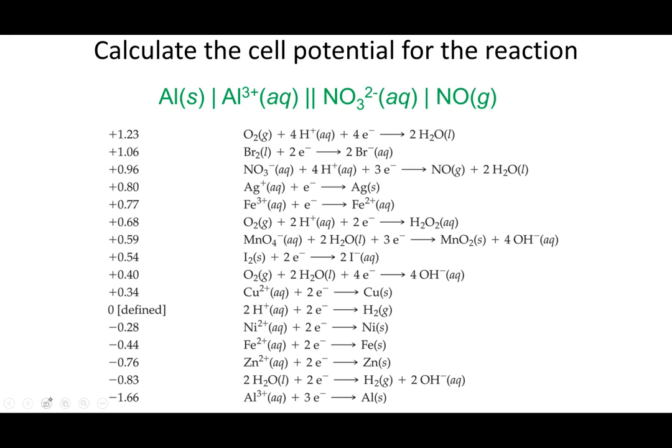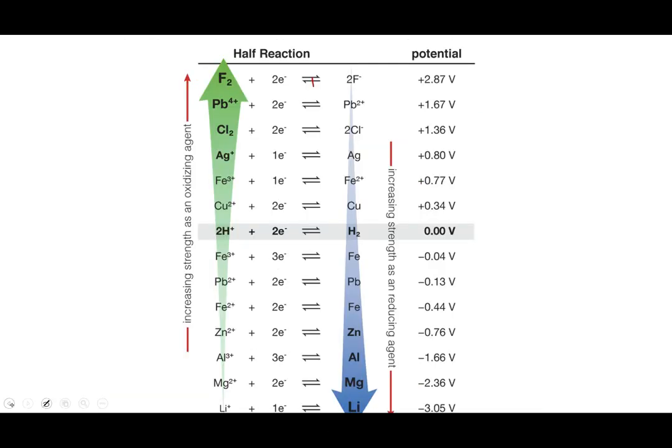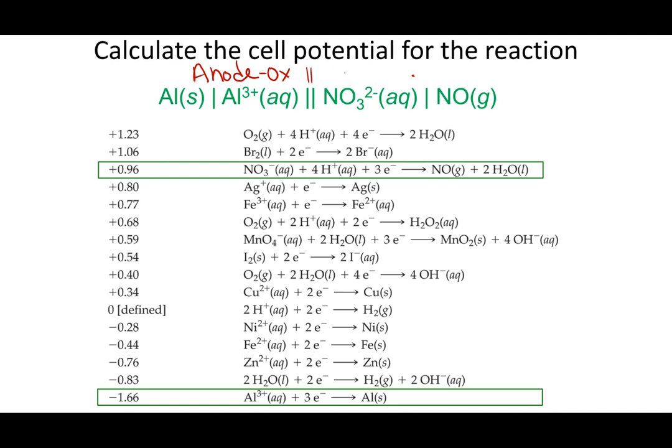All right, so the way that it's written, this is going to be our anode over here, or our oxidation. This is going to be our cathode over here, or our reduction. Go to the chart. Let's look at the potential for aluminum.